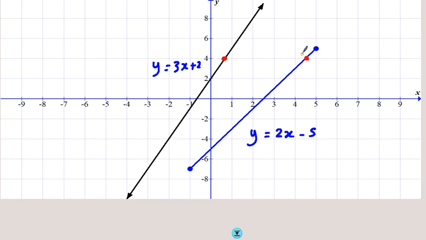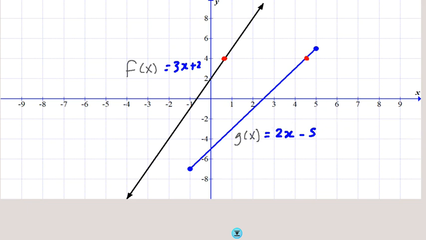So if I give each function a different name and I stop using y, we had this was f of x, and this was g of x.